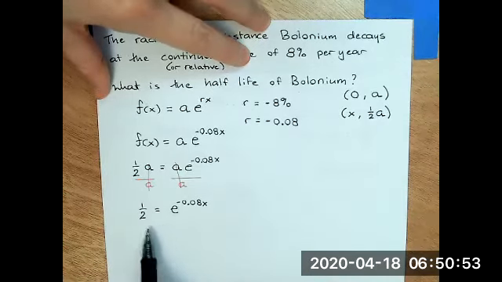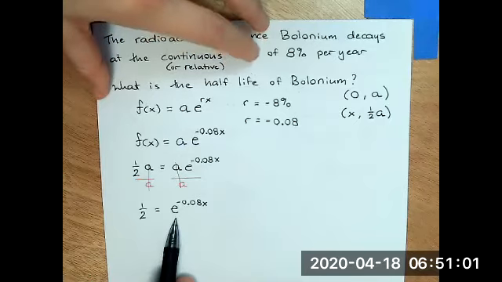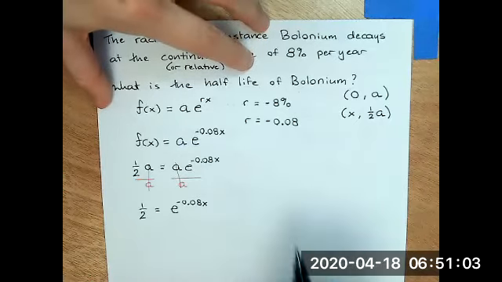And then I'm going to take the log of both sides. And because I'm using the base e exponential function, I'm going to take the natural log of both sides.